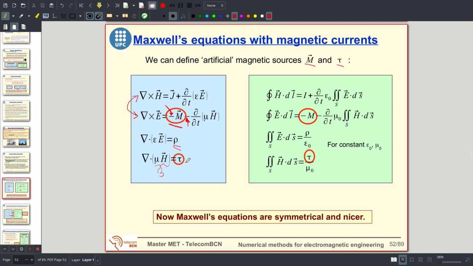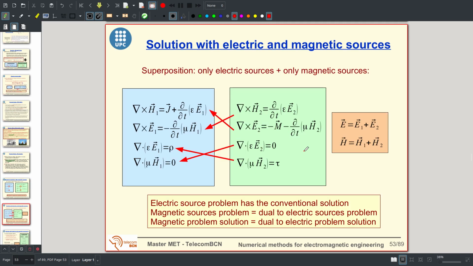Now, the set of Maxwell's equations is much nicer because it's symmetrical, and two of the equations are dual to the other two. In the integral version we have the same thing, and we put the magnetic current, with a minus sign, and the magnetic charge at the same locations as we did in the differential version of the equations.